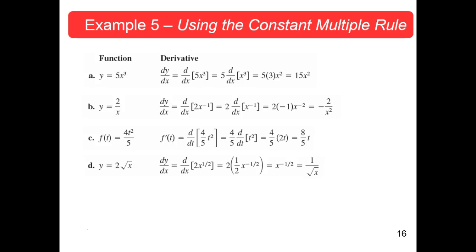Now, in this problem, the original is good for all x greater than or equal to 0. This derivative can't be good for x equals 0 because of the square root downstairs. You can't take the square root of a negative number, so x has to be greater than or equal to 0, but as soon as it goes downstairs, it can't be equal to 0 anymore.